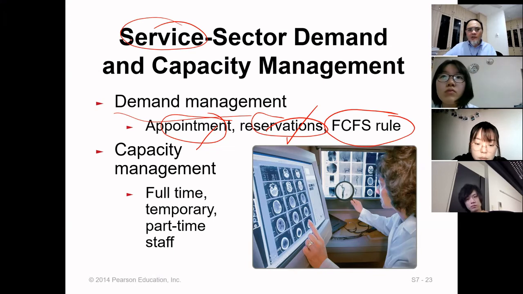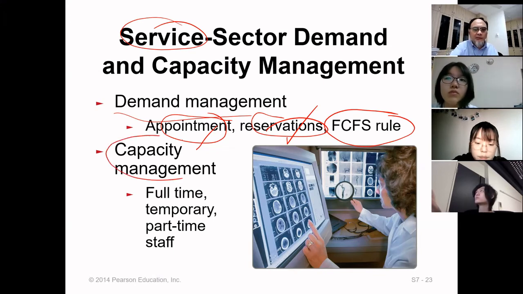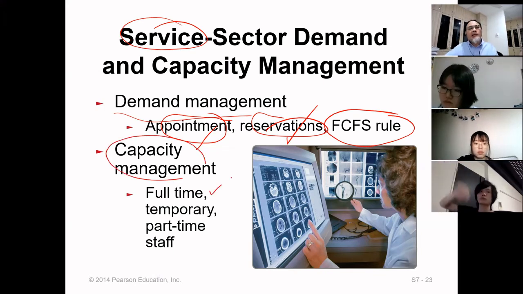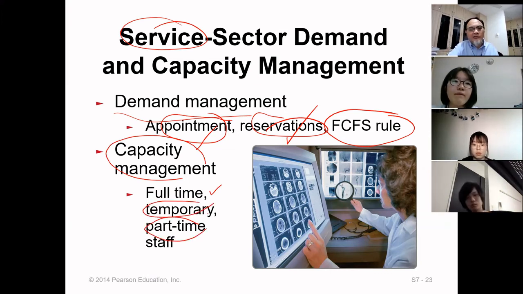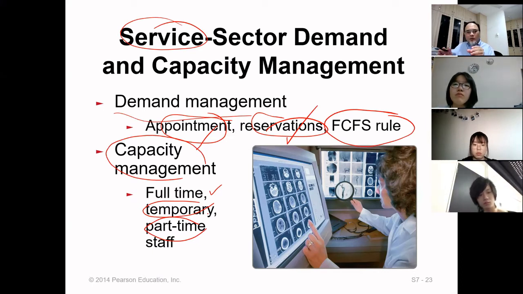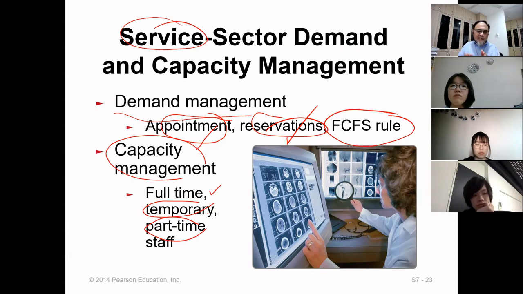Capacity management can also mean taking in temporary or part-time staff. You only have a small number of full-time staff, but some temporary staff to do the additional work. You increase the capacity, basically, because you have more workers.